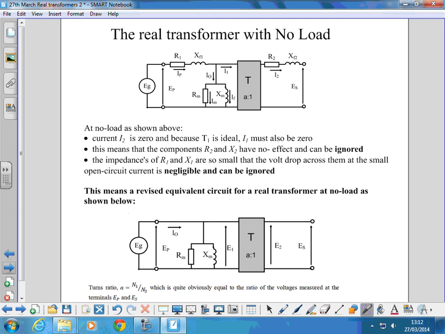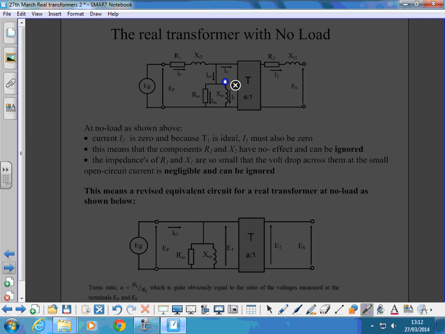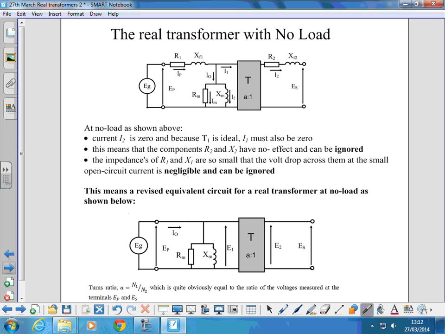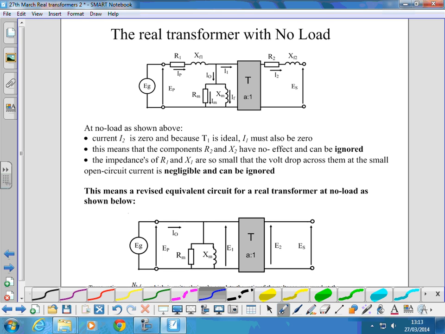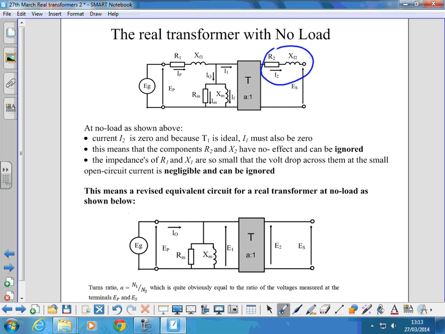That means I1 must also be 0. So both of those currents, as we've already said, are 0. This means that the components R2 and X2 have no effect and they can be ignored. So essentially, these two components can be taken out of the circuit.